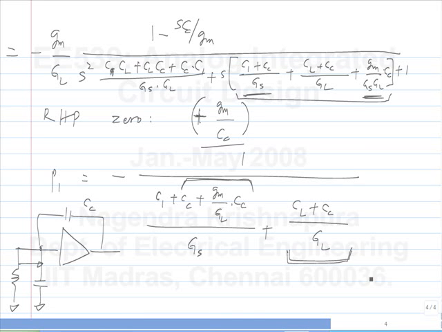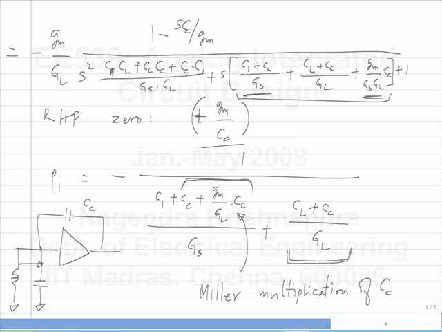Okay. So this is Miller multiplication of Cc. The gain is minus Gm by GL, so you get 1 plus Gm by GL times Cc. Okay?